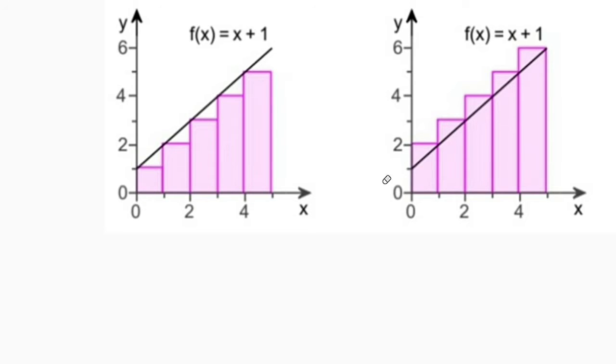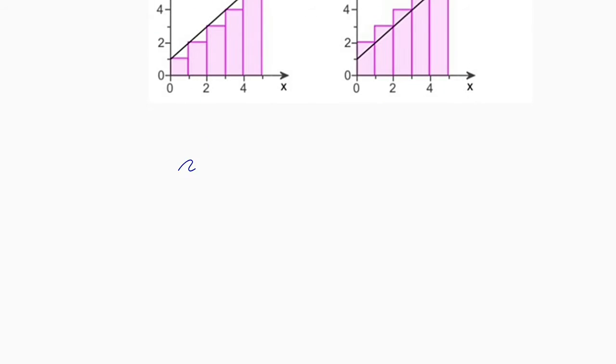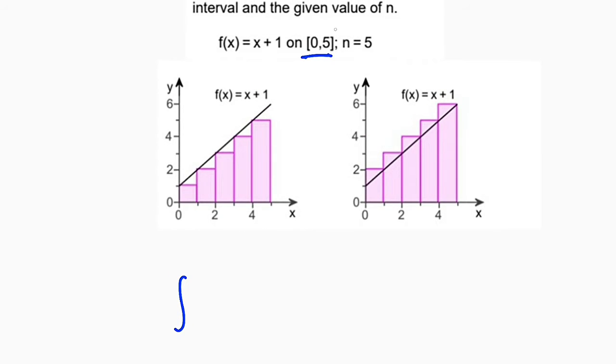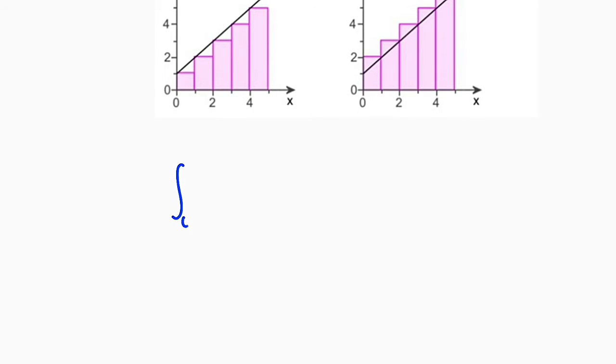So in order to find out whether this is actually underestimated or overestimated, let us compute for the actual area by taking the definite integral. So to find the actual area, you have to integrate this function on that given interval 0 to 5. So 0 to 5 of the function which is x plus 1 with respect to x.